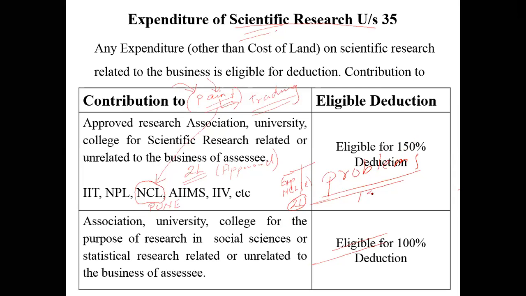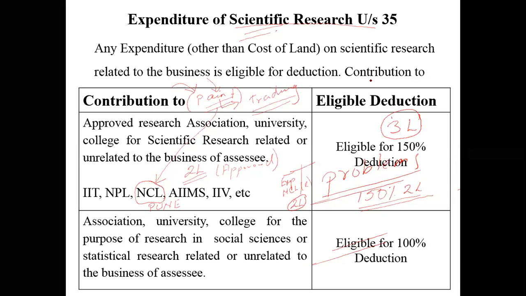Can somebody tell me what is 150% of 2 lakh rupees? 3 lakhs. Yes, it is 3 lakhs. So income tax authorities say, don't say that your expenditure is 2 lakh rupees. Your expenditure is actually going to be 3 lakh rupees. Why?